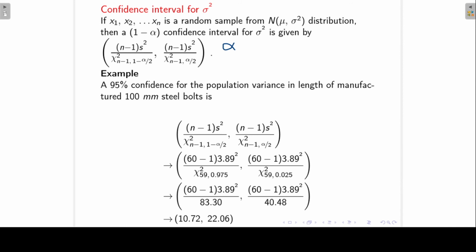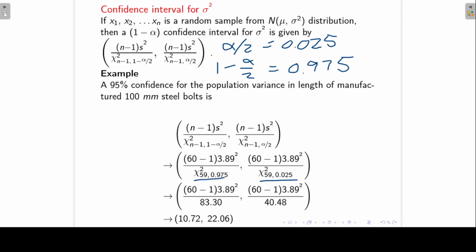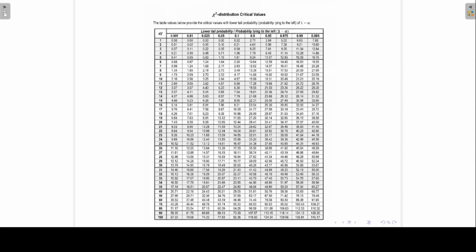So alpha over 2 is 0.025, and 1 minus alpha over 2 is then 0.975. So we will use this to find our chi-square values in the table. Now if you go to the chi-square table, you will see that at the bottom we have 50 degrees of freedom, and then we have 60 degrees of freedom.